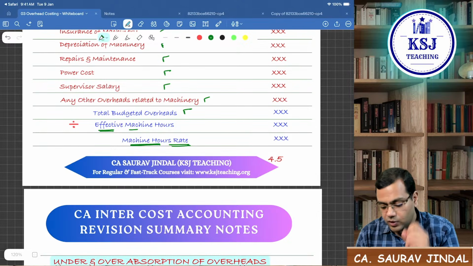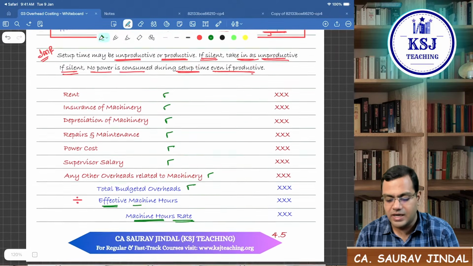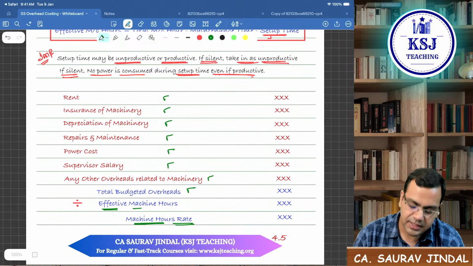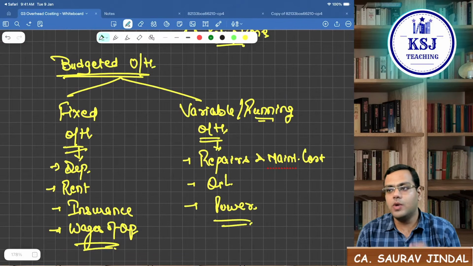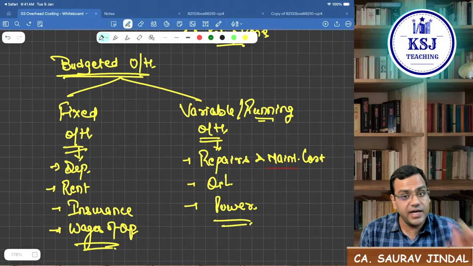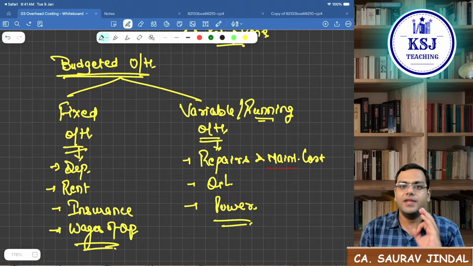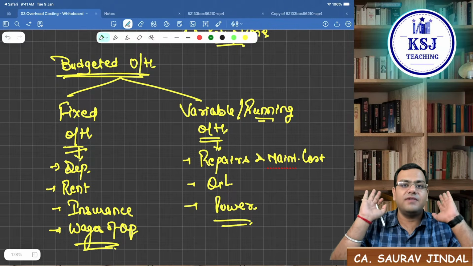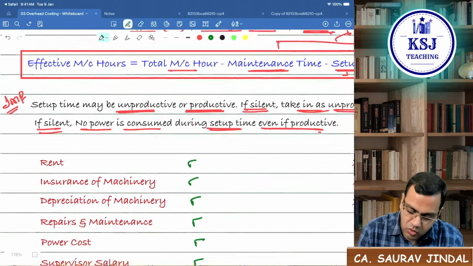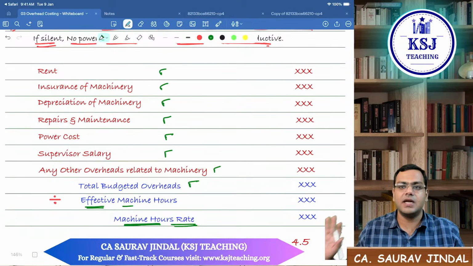Few important points, now try to understand and remember in this case. If in the exam you are confused whether an overhead is a fixed overhead or a variable overhead, then my recommendation is do not bifurcate into fixed and variable. Just write down the overheads like this. That's it.